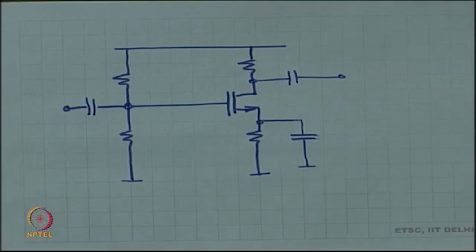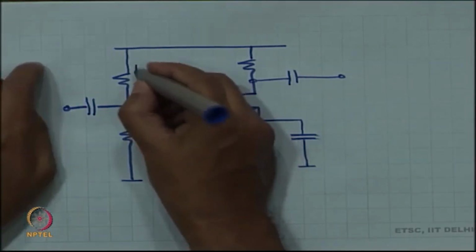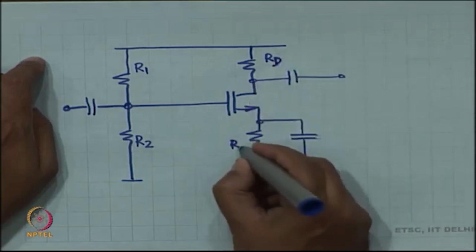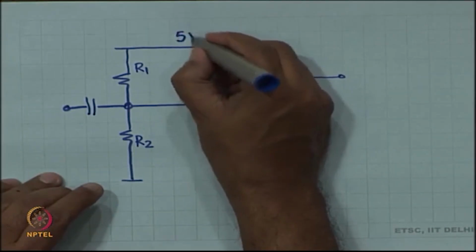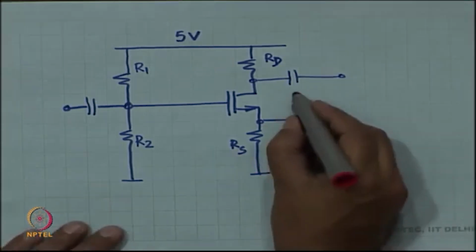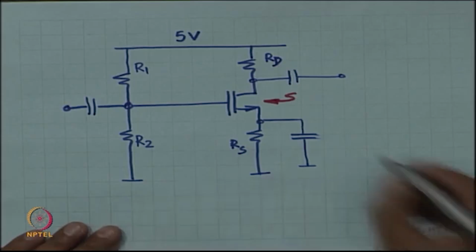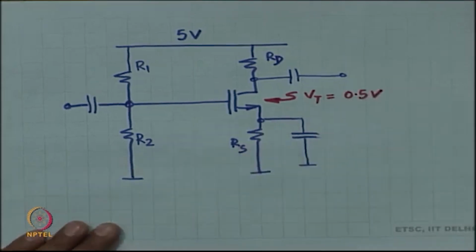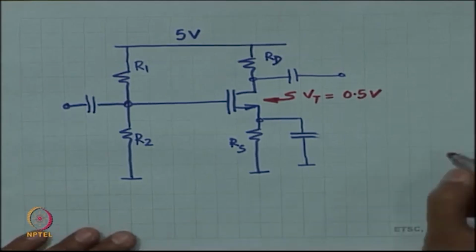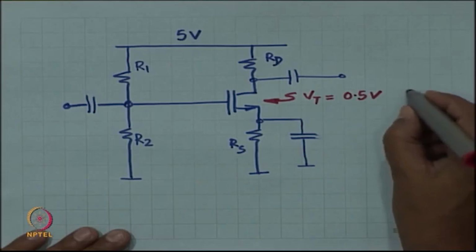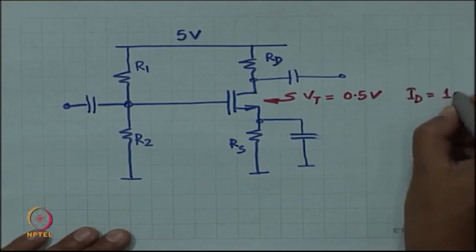Okay. So, this is your circuit. Suppose the power supply is 5 volts and then you are given that this MOSFET has Vt of 0.5 volt, and this MOSFET requires ID equal to 1 milliampere.